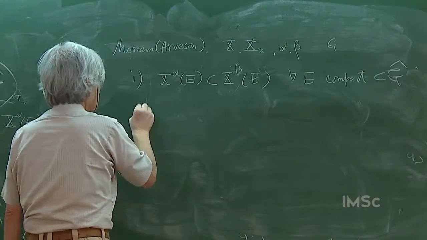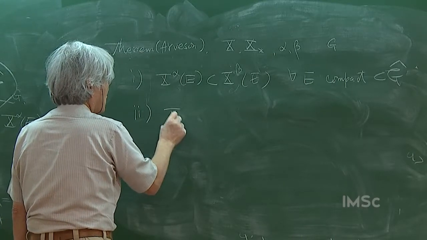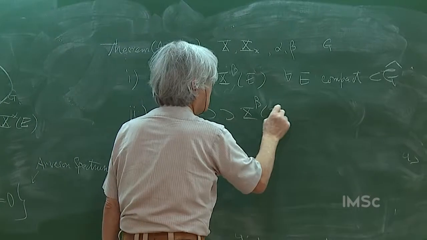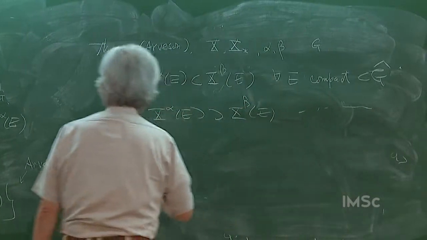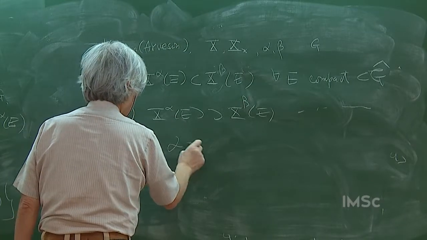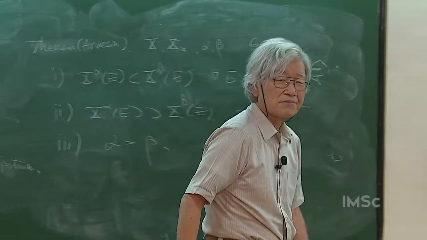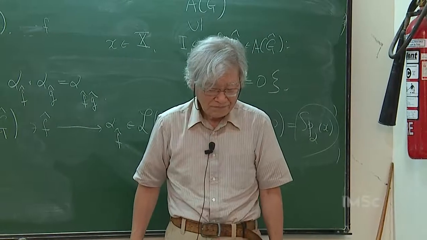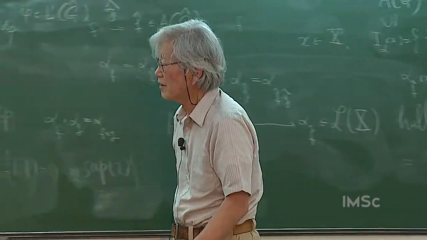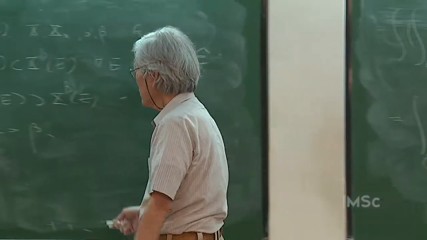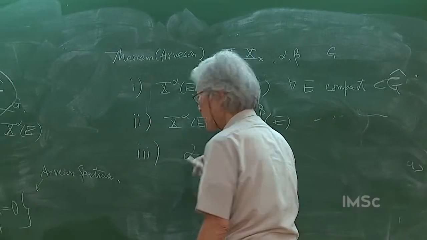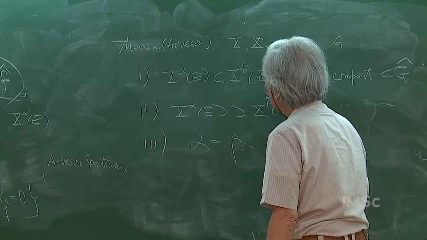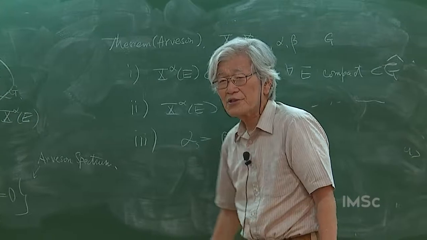Two: the reverse inclusion also holds. Number three: alpha equals beta. Those are equivalent, the Arveson theorem. Of course, alpha equals beta means alpha s equals beta s for all s in G. Okay, so this is a tool.